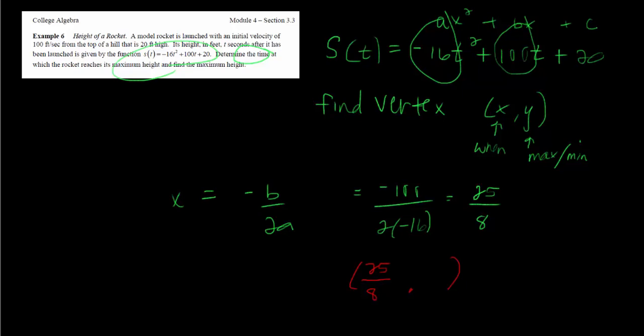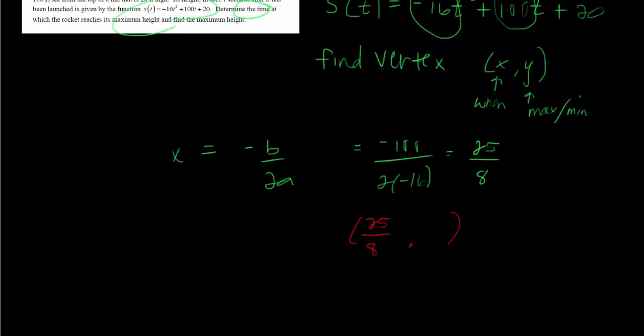Okay, so now to find the y value, all I need to do is plug that fraction, that x value, into the variable in the function. So remember, we had negative 16t squared. Well, instead of t, I'm going to put 25 over 8. Plus 100 times t. So instead of t, I'm going to put 25 over 8.